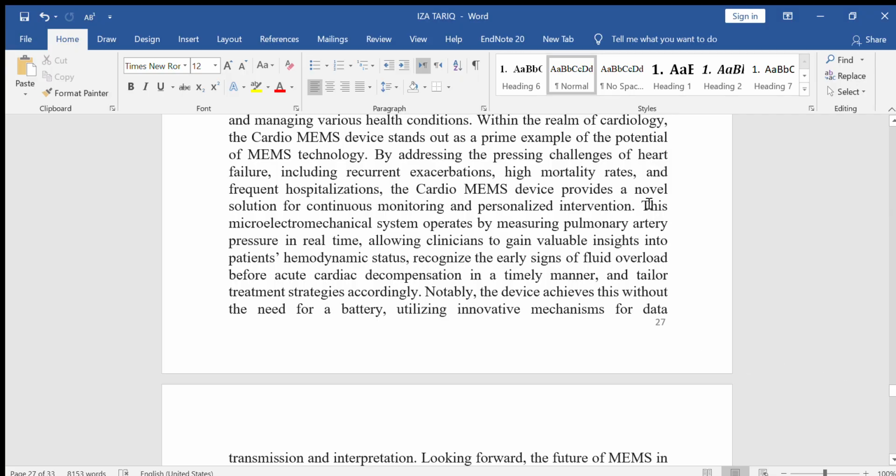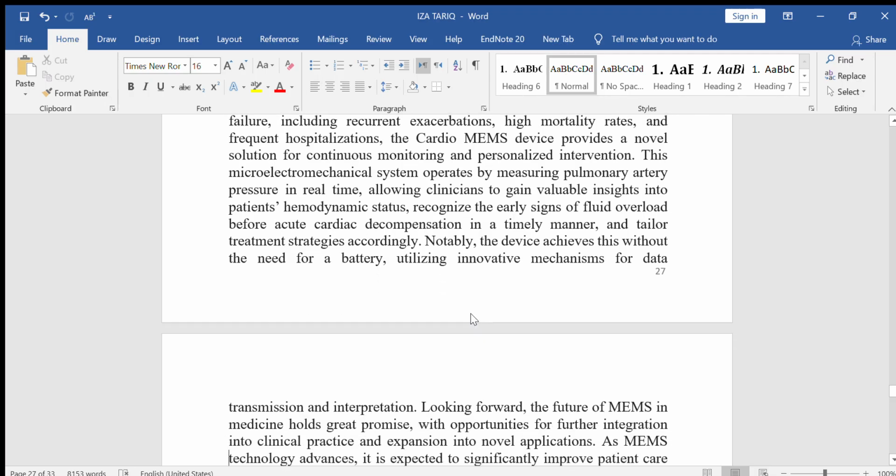Cardio microelectromechanical devices provide a novel solution for continuous monitoring and personalized intervention. This system operates by measuring pulmonary artery pressures in real time, allowing clinicians to gain valuable insights into patients' hemodynamic status and recognize early signs of fluid overload before acute cardiac decompensation in a timely manner.